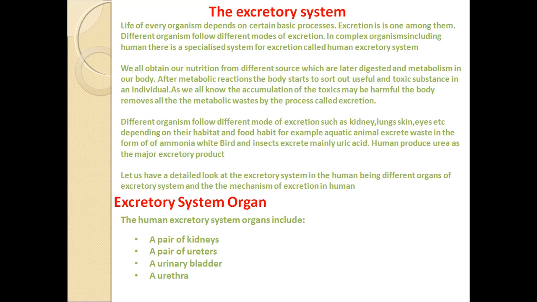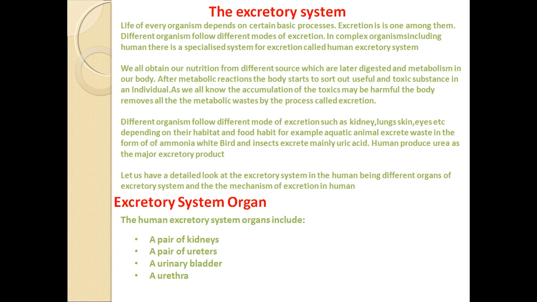The removal of the waste. Removal of the waste from the human body. Removal of the waste created by the living organisms by a process called excretion. The system helping in removal of the waste from the body is the excretory system.